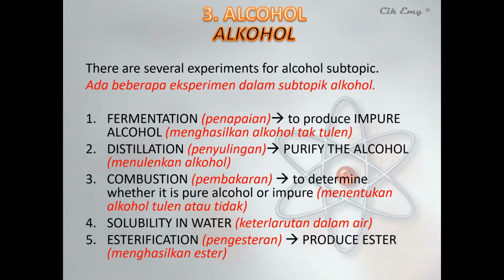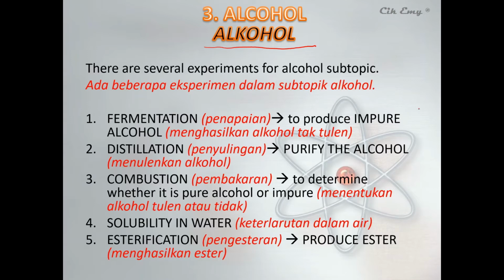Okey, yang ketiga, subtopik ini panjang sikit lah, iaitu alkohol. Apa itu alkohol dan macam mana kita nak hasilkan alkohol dan sifat-sifat dia. So there are several experiments or several small subtopic for alcohol.